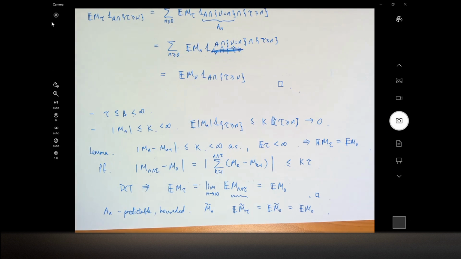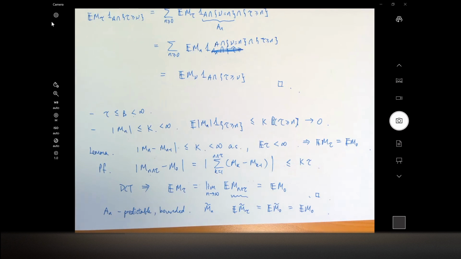Okay, any questions here? I think for this result to hold, you do need this stronger condition.